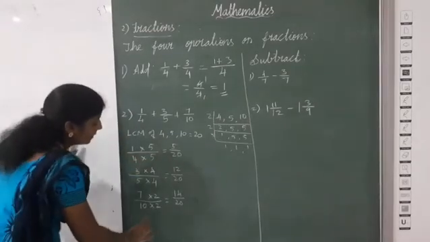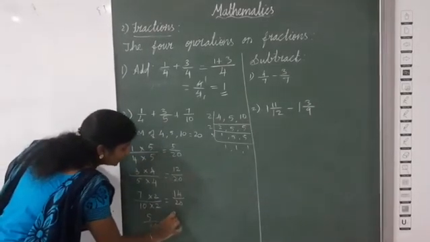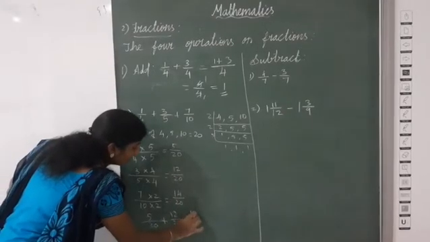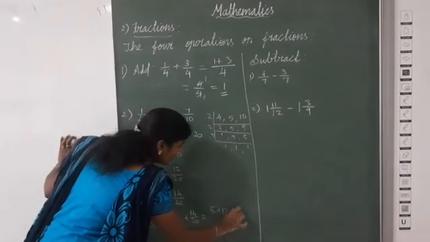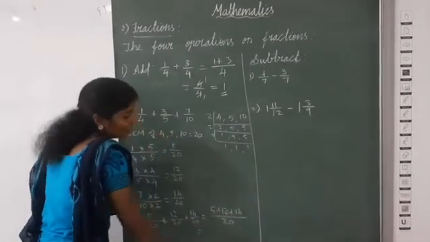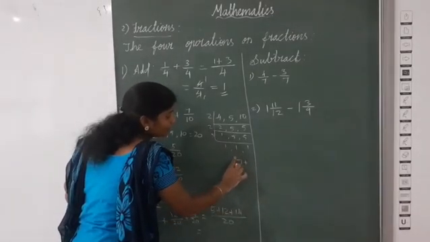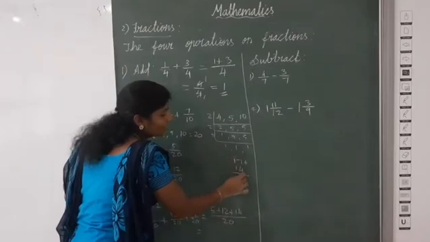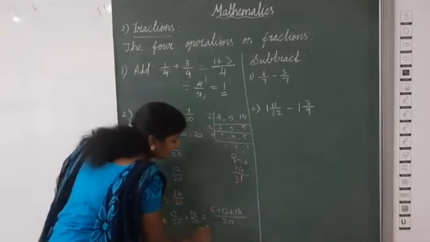Now we can add 5 by 20 plus 12 by 20 plus 14 by 20 is equal to 5 plus 12 plus 14 by 20. 5 plus 12, 17. 17 plus 14: 7 plus 4 is 11, 1 carry, 1 plus 1, 2 plus 1, 3.